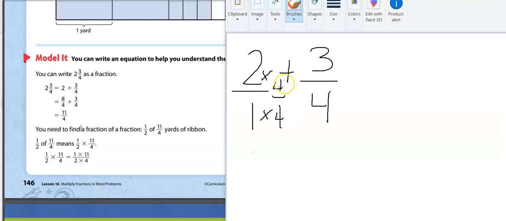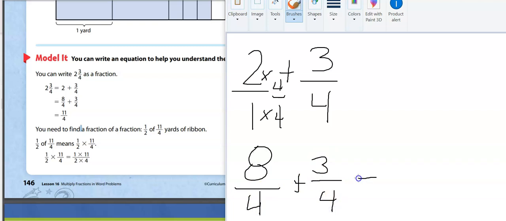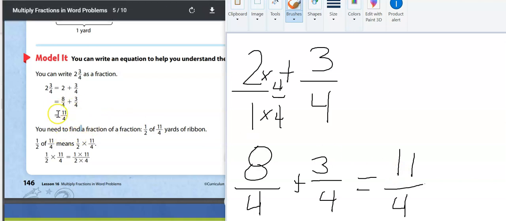So I know that 2 times 4 is 8, and 4 times 1 is 4. Now I can add. So 8 plus 3 is 11, and our denominator stays the same. So I now have 11 over 4, just like they have in our workbook, 11 over 4.